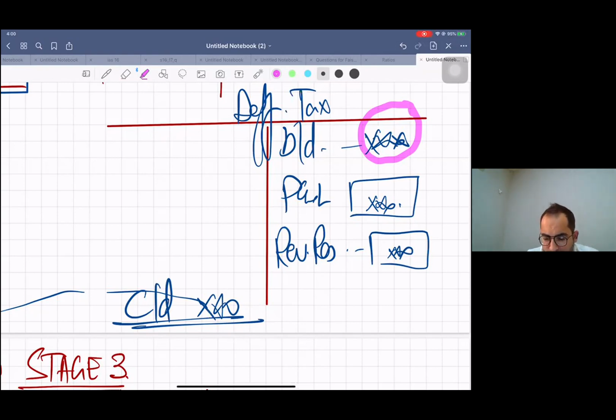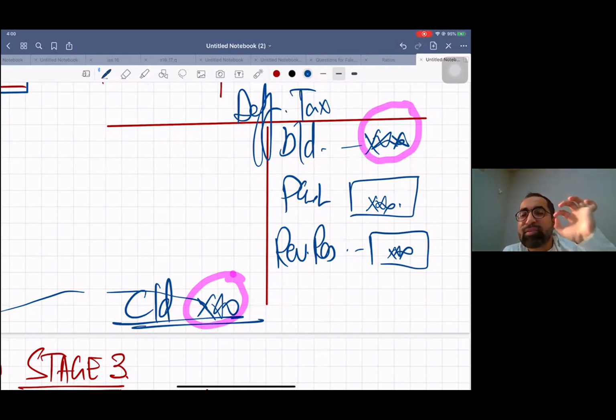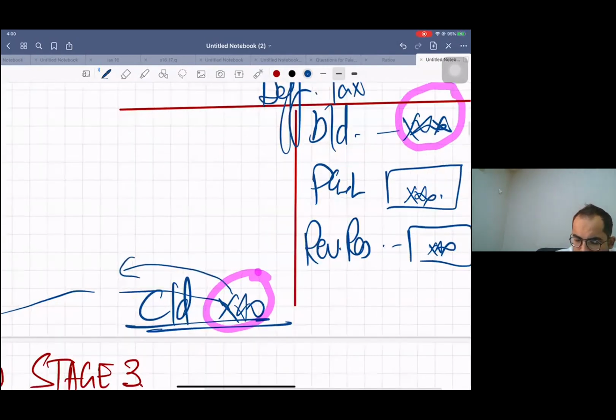Then you have to calculate this closing liability, or sometimes the examiner gives you the closing deferred tax liability ready made. But what if you are asked to calculate this closing? So how do you do it?